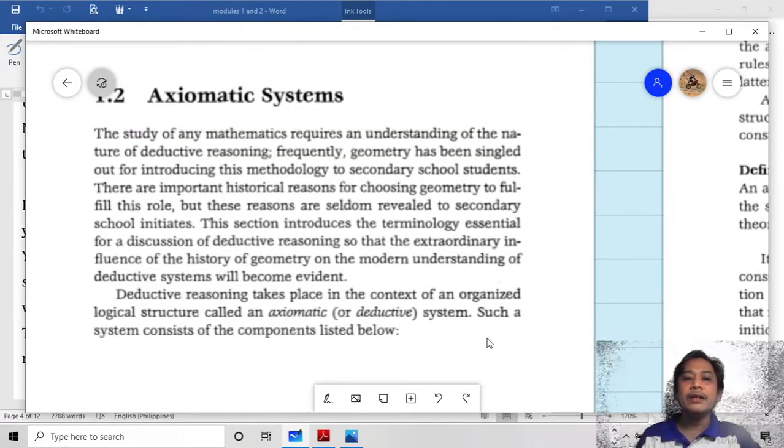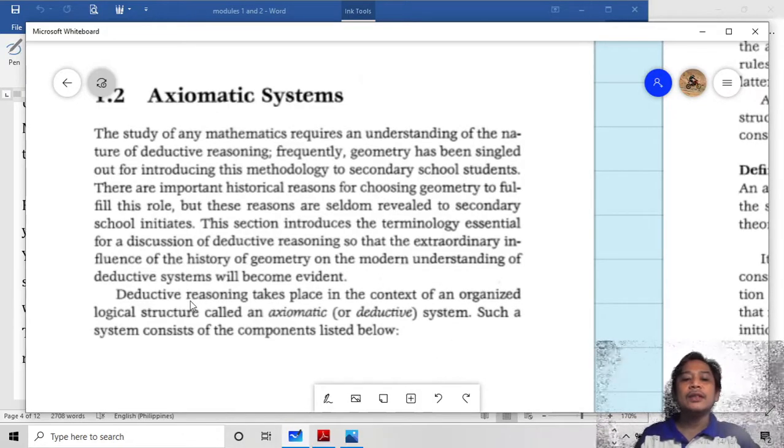So we have here page 2 of our book, which talks about axiomatic systems. So again, the reason behind why set theory and logic was made prerequisite for this subject is because this would require our understanding of deductive reasoning.